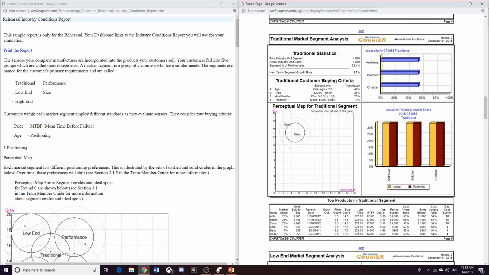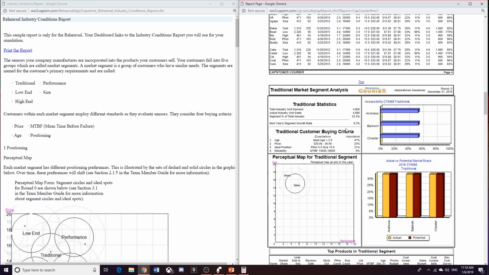All right. So at the end of this part, which is the customer buying criteria, I want to discuss one more thing. Remember, each segment has different customer buying criteria in terms of importance. So, for example, you see here, the most important thing in the traditional segment is age, and then price is second.